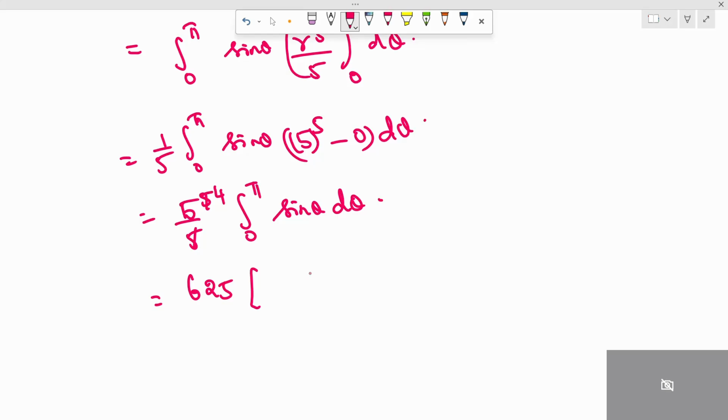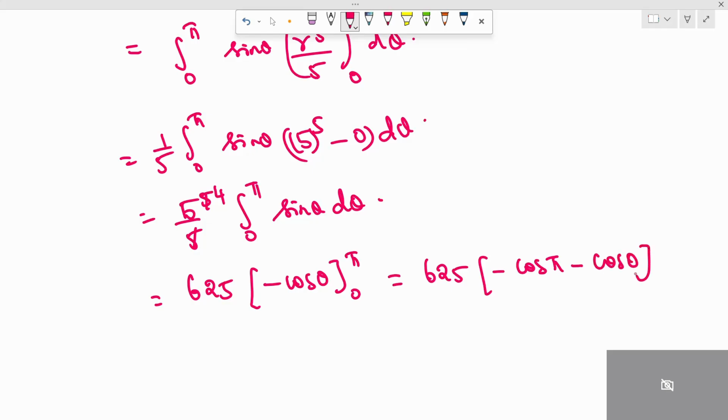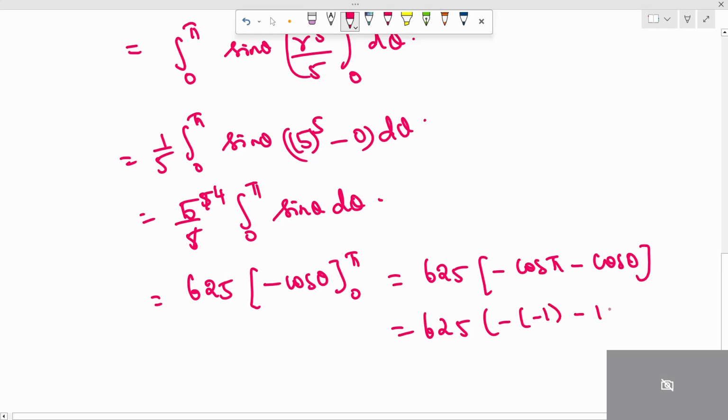Integrate with respect to theta. Here the integral of sin theta is minus cos theta with the limit 0 to pi. So 625 into, apply the upper limit value pi, cos pi, minus the lower limit value 0. 625 into, the value of cos pi is minus 1, the value of cos 0 is 1.